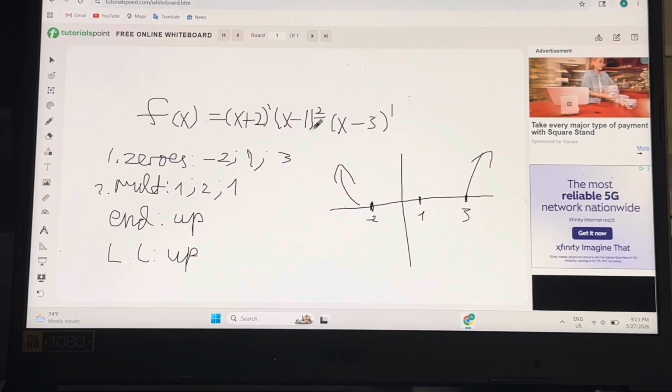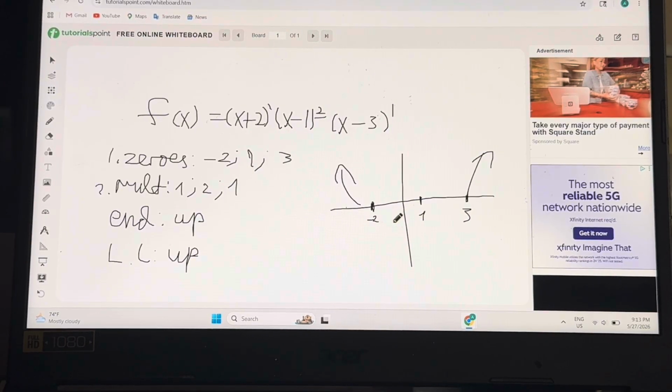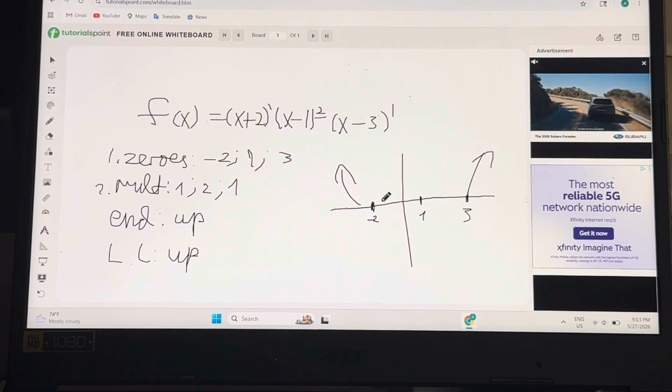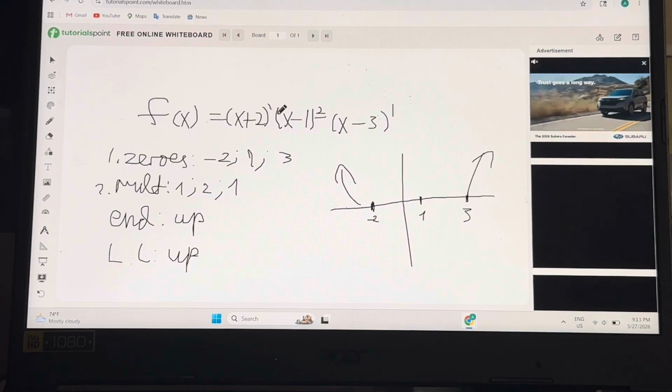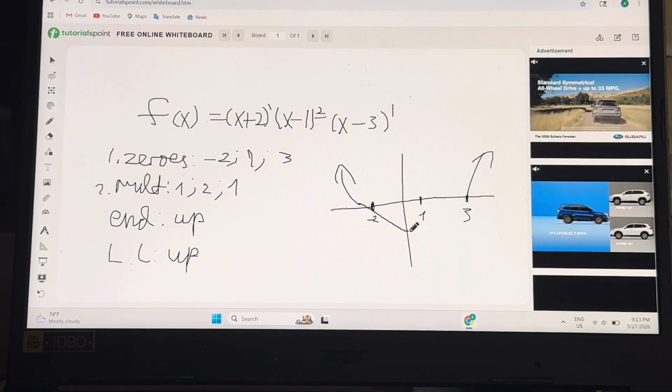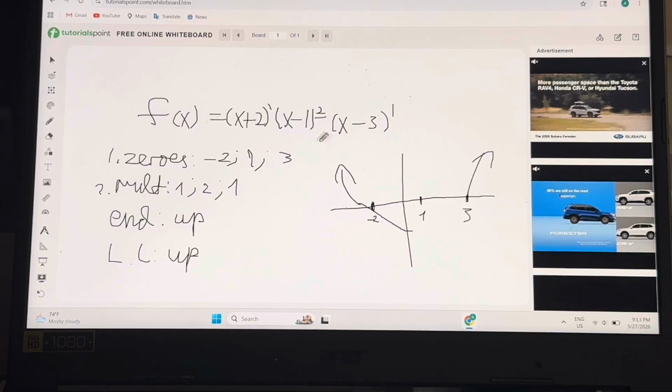Right? Now look at it. Let's start from the beginning. If we have x equals -2, is the multiplicity odd or even? Well, clearly it's odd because we have a 1, so it's just going to go through like that. Now we're getting to the next section, which is x minus 1.